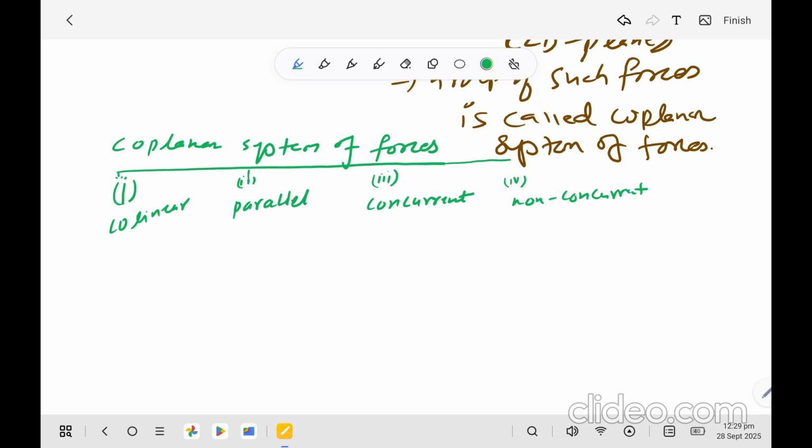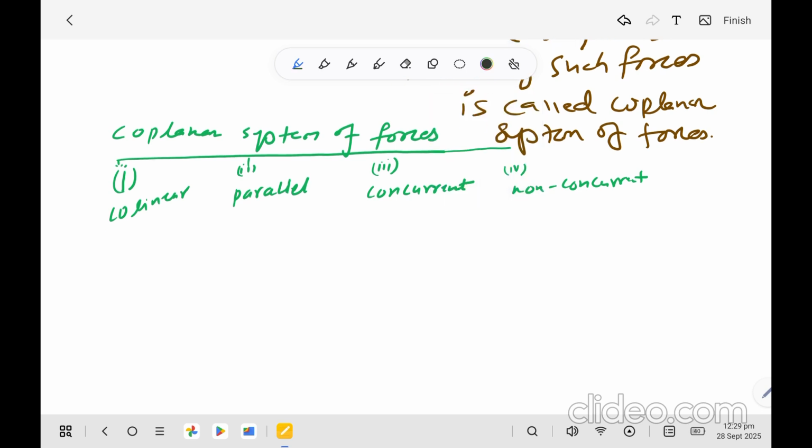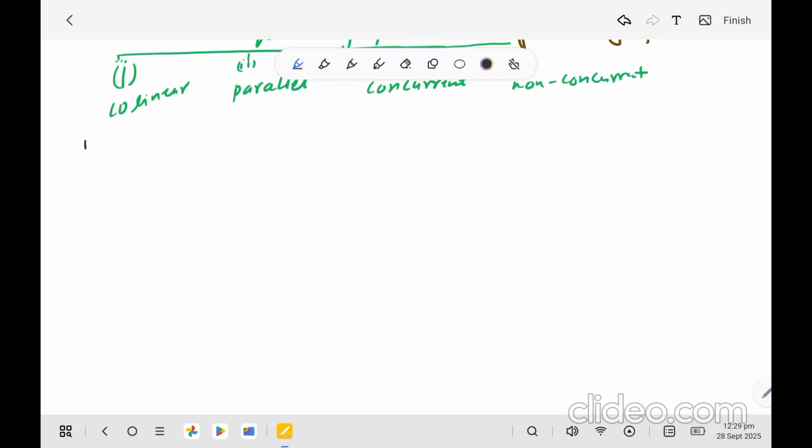So now I will discuss one by one with suitable examples. So let's first discuss collinear coplanar system of the forces.